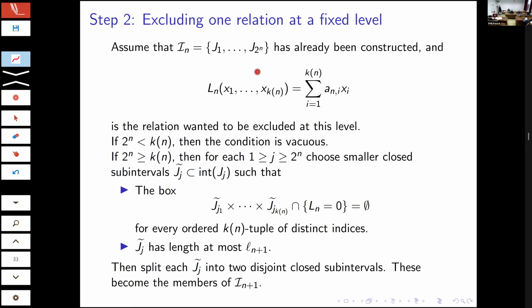I take smaller intervals than the original division, so that the product and the intersection of ln equal to 0, this is a hyperplane, doesn't touch the product of these intervals.